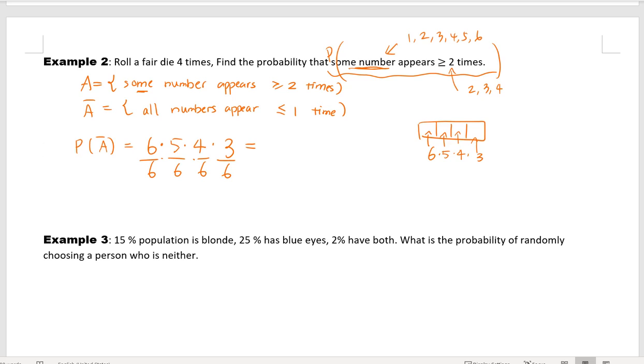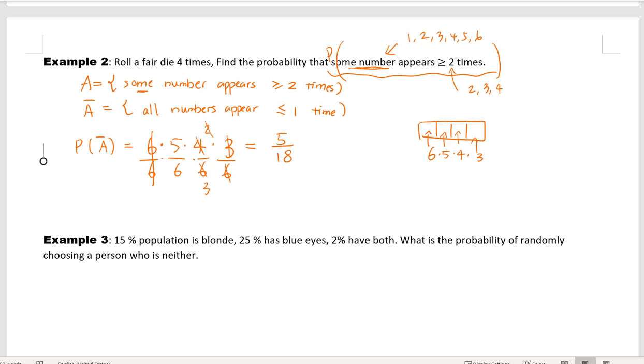Probability must be a number between 0 and 1. Okay, now let's see. We can cancel the 3 and the 6, and then cancel the 2s. So we get 5 over 3 times 6, which is 18. So this is the probability of the complement.